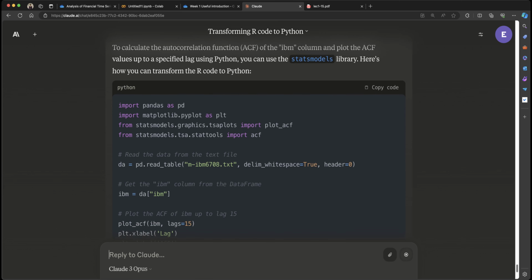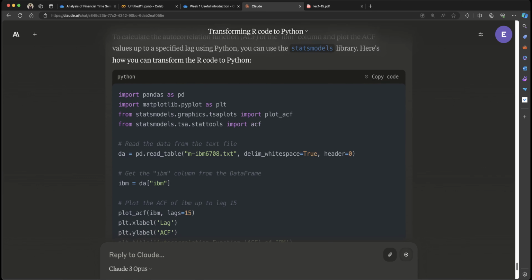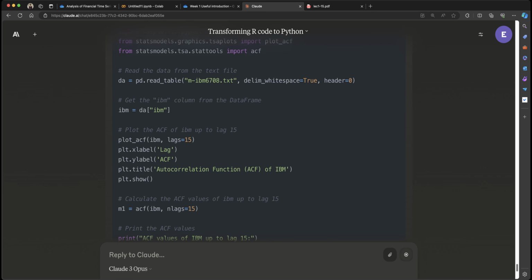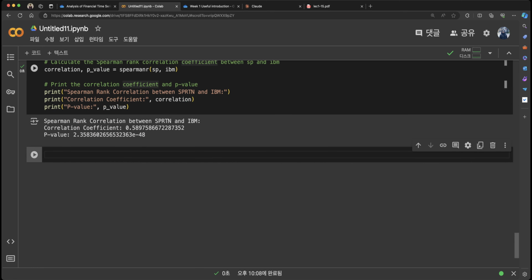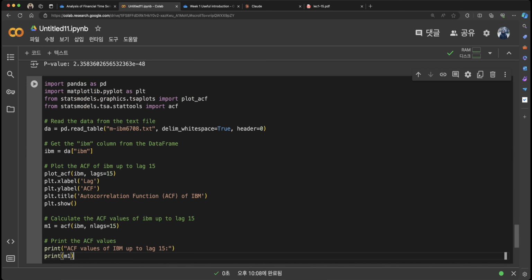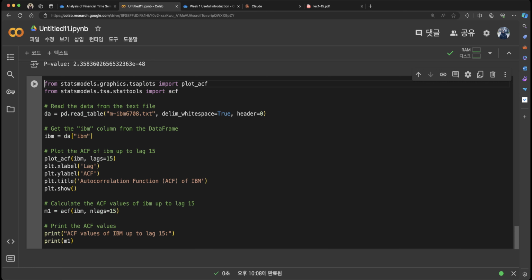We can copy the code like this. We don't need this line, and we don't need this one.